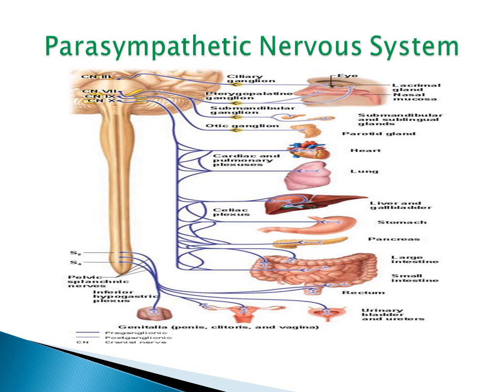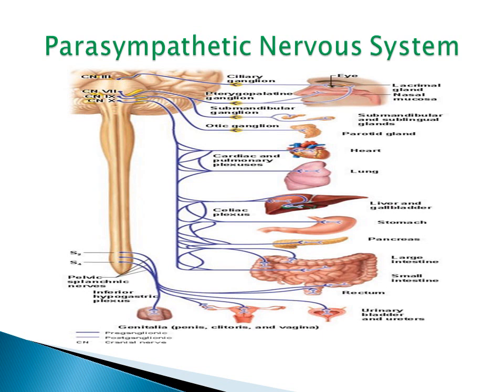From that, the preganglionic fibers synapse with the ciliary ganglion, and the postganglionic fibers innervate the eye. Basically, it constricts the pupil and contracts the ciliary muscle.